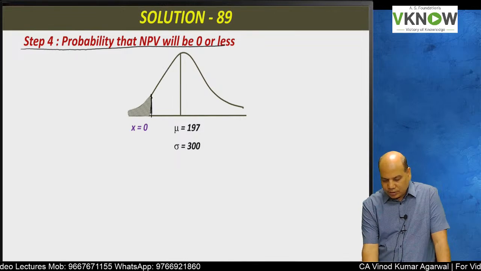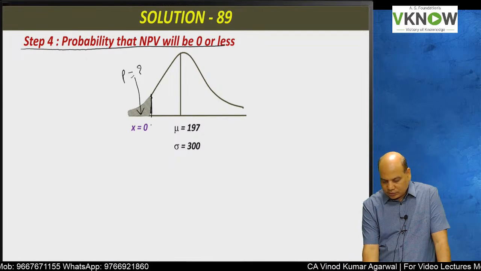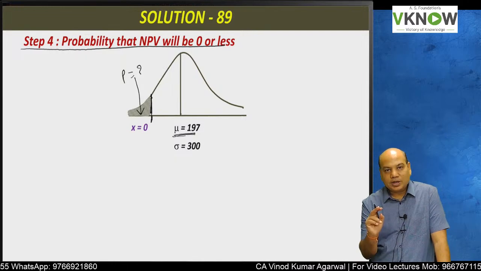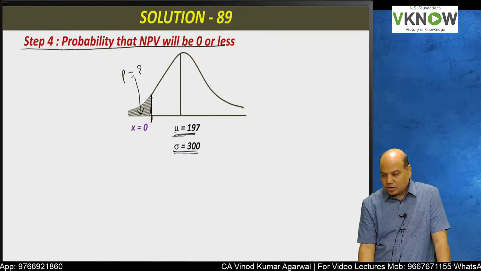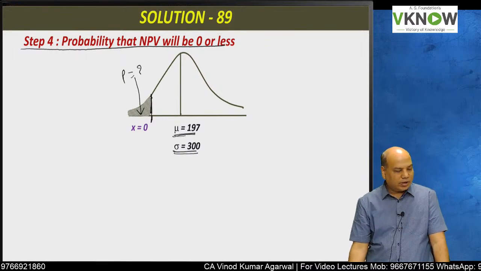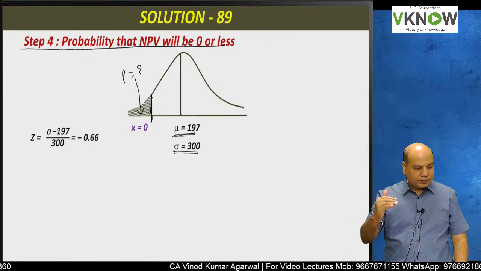I need to find the probability of this area, X equal to 0, right here. In the center, mu is expected NPV 197, standard deviation is 300. Write down right below the graph.